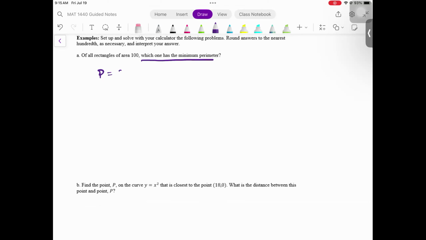Perimeter is equal to 2L plus 2W in terms of a rectangle. We are given that the area is equal to 100. That's fixed. And we know area is equal to length times width.